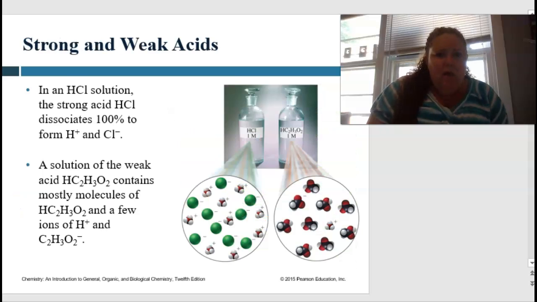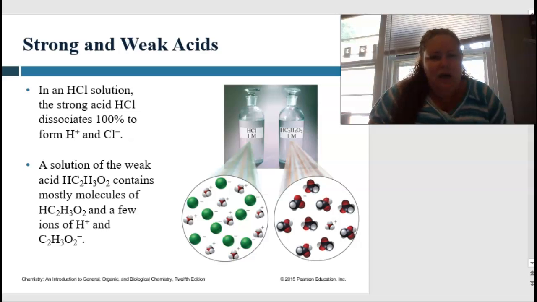When looking at them together, in an HCl solution, the strong acid HCl dissociates 100% to form H+ and Cl-, whereas a solution of the weak acid HC2H3O2 contains mostly molecules of the original acid and a few ions of H+ and C2H3O2-. So you can see the difference of 100% dissociation versus partial dissociation.